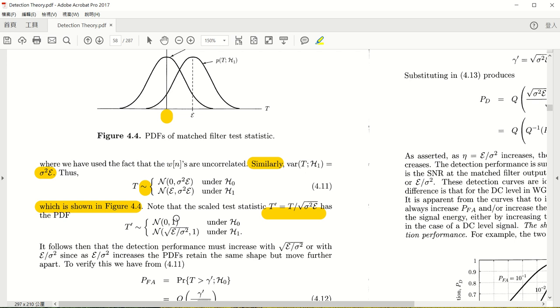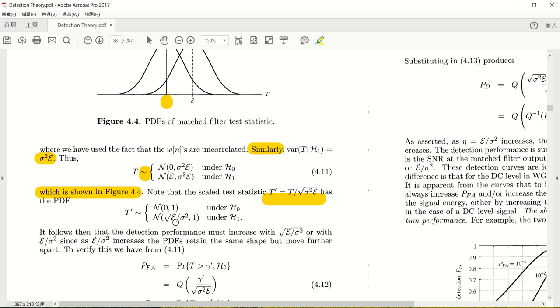And when it has 1 as a variance, it gets easier to go with the Q function, because we need variance to be equal to 1. That's the reason we do that.